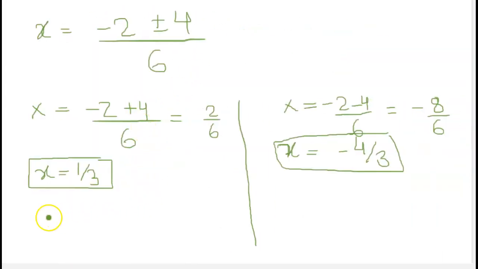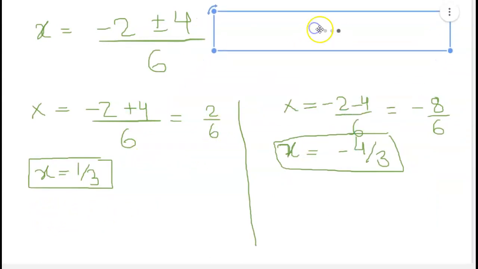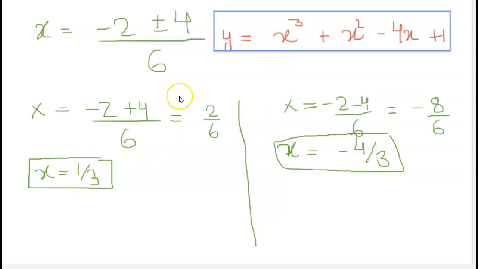I need to find the value of the y, the coordinate of the point q, when x is 1/3 or minus 4/3. So what I'm going to do is, wherever there is an x, I am going to put 1/3.